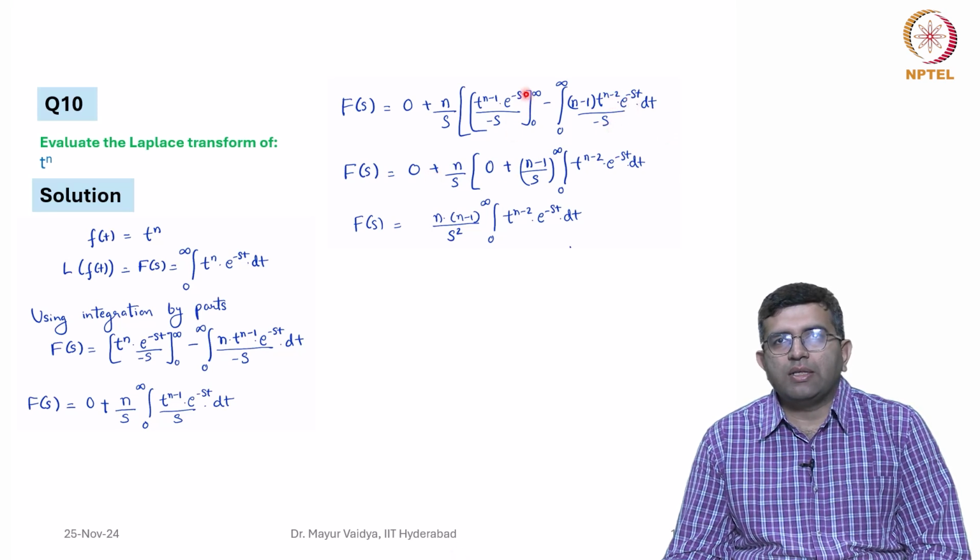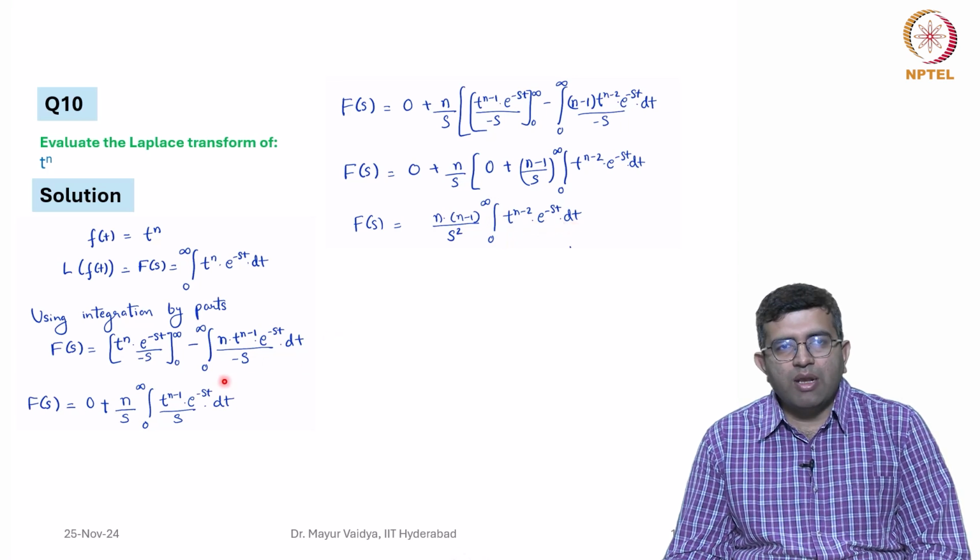Again by the logic I told you before, when you put the values here, this first term goes to 0. So, you have 0 plus n by s common, and n minus 1 by s coming out, and you have the integral from 0 to infinity of t power n minus 2 e power minus st dt. Therefore, F of s now becomes n into n minus 1 divided by s squared, times the integral from 0 to infinity of t power n minus 2 e power minus st dt.